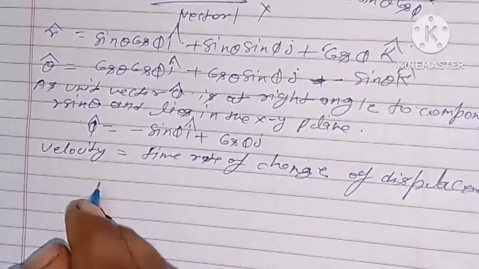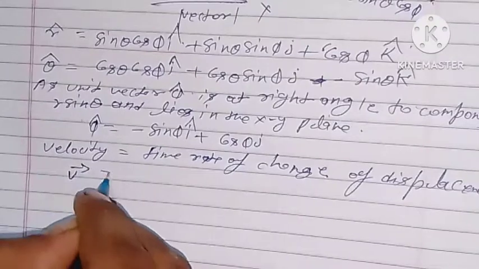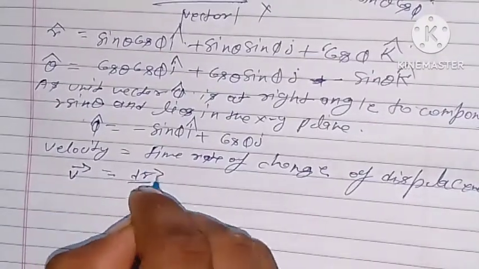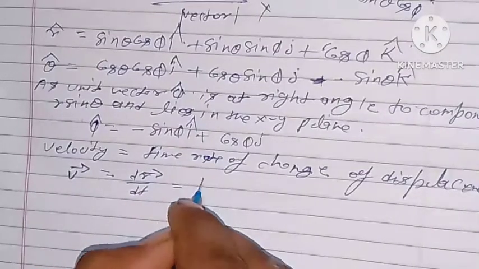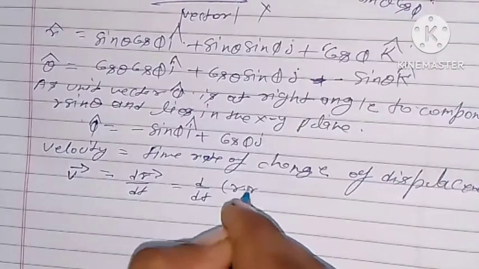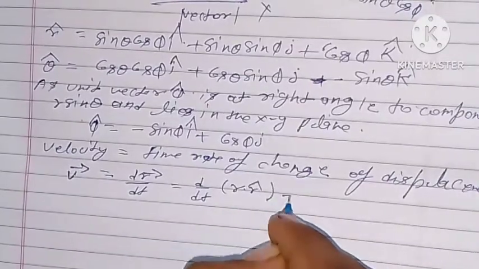Then vector v equals vector dr upon dt, which equals d upon dt of vector r, which equals r times unit vector r.